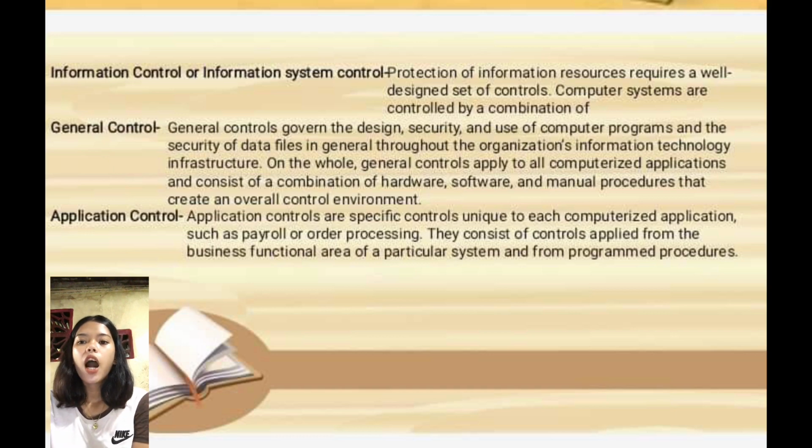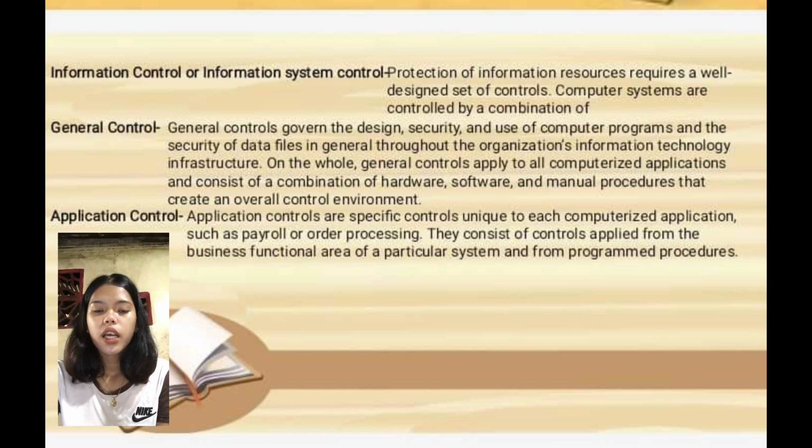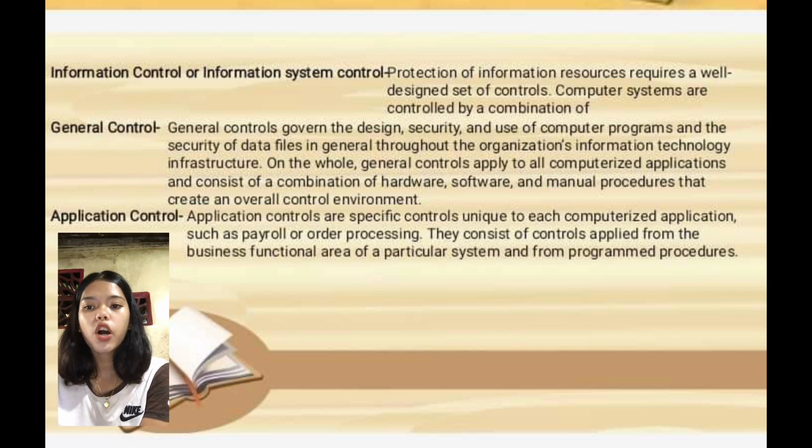Computer systems are controlled by a combination of general control and application control. General control governs the design, security, and use of computer programs and the security of data files in general throughout the organization's information technology infrastructure.